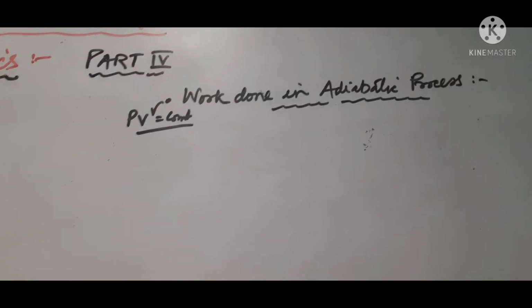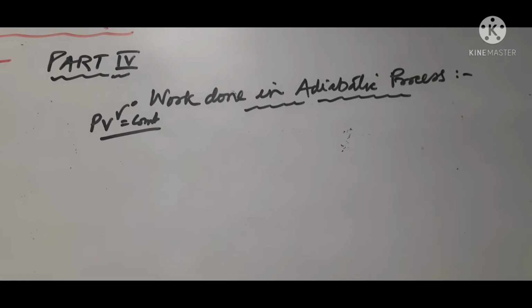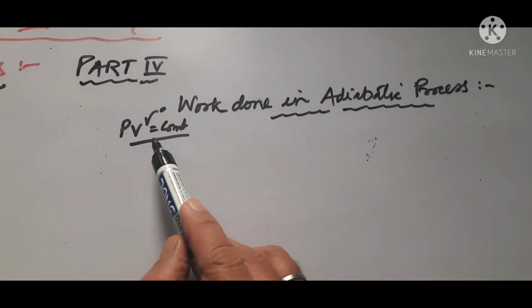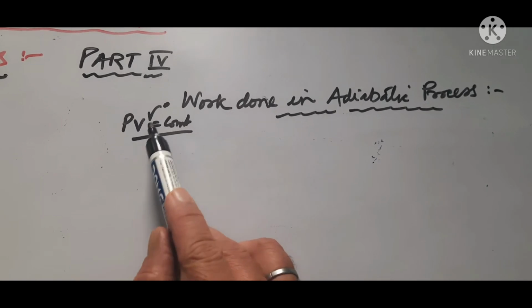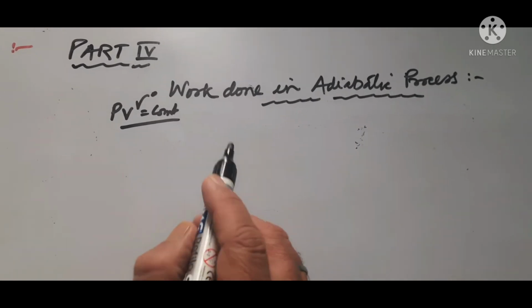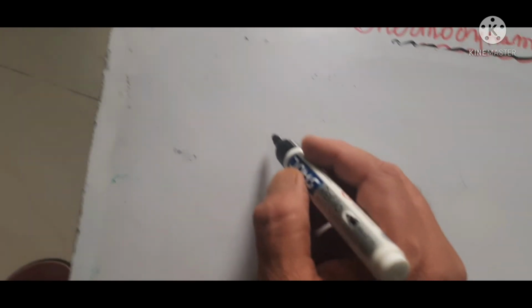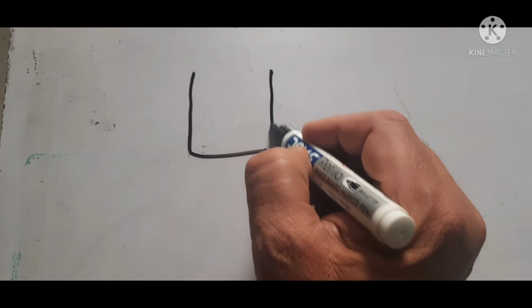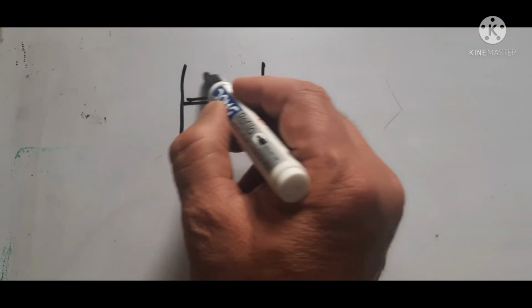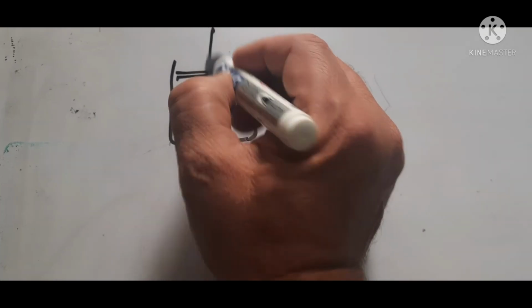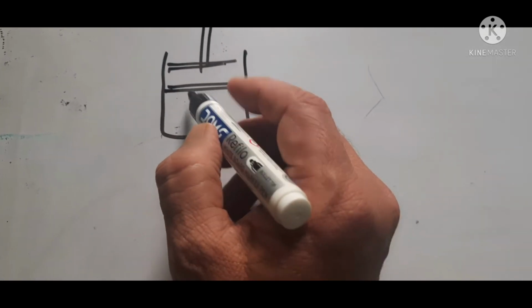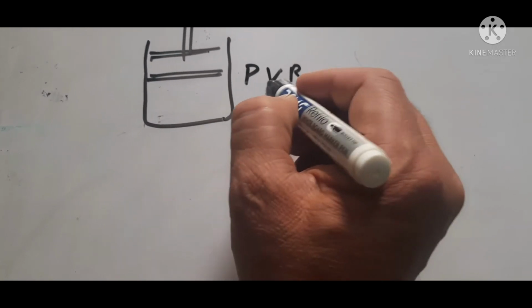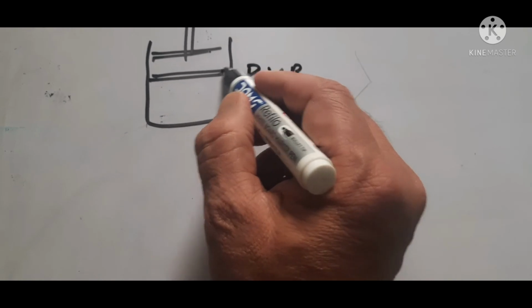Then comes the work done in adiabatic process. We know the adiabatic equation: PV to the power gamma is equal to constant. So again we are going to start from here. One gas chamber, piston, here say P V R initial coordinate.